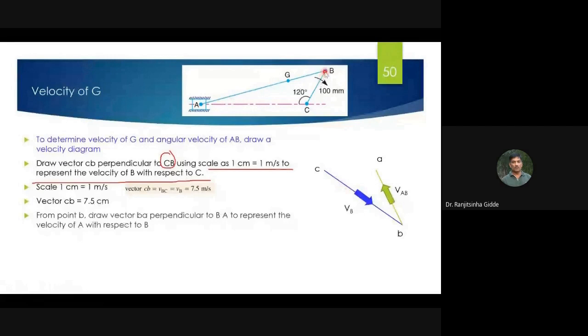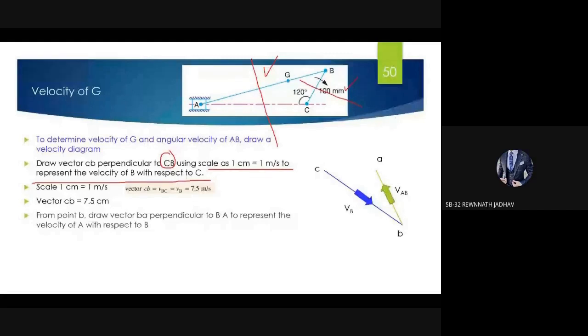This one is perpendicular to this link. Okay, up to this completed?